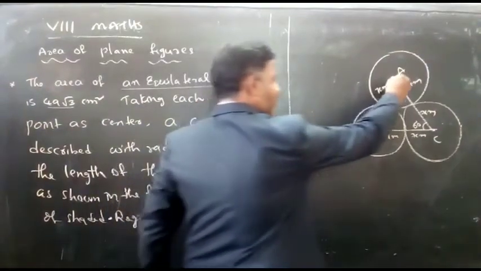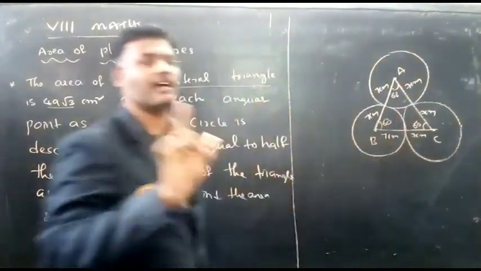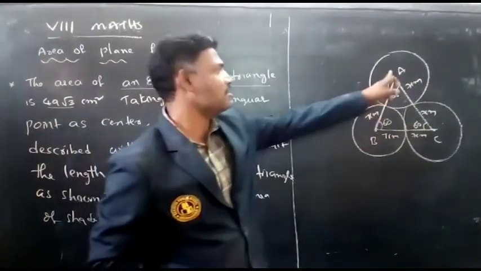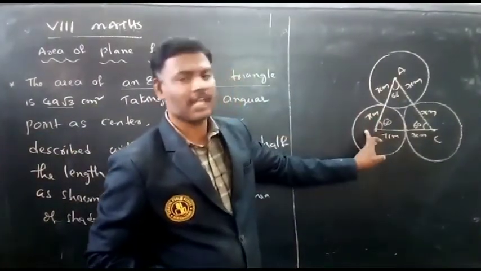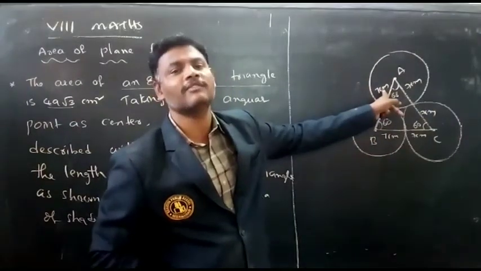So the radius of each and every circle is half of the side of that equilateral triangle. It means if the side AB is 14, then half of that is the radius of the given circle.